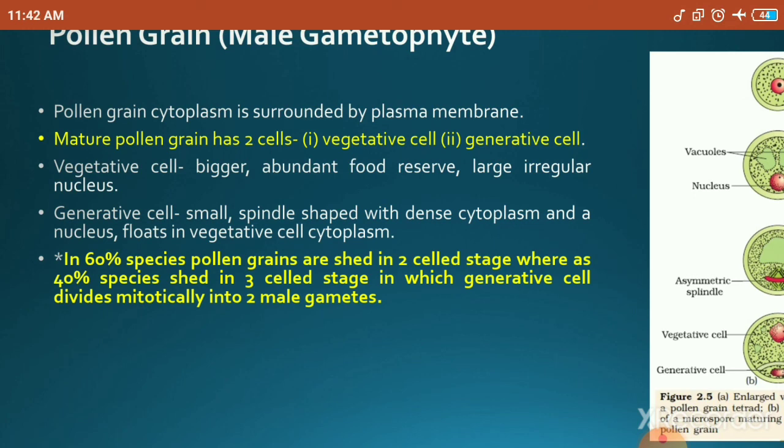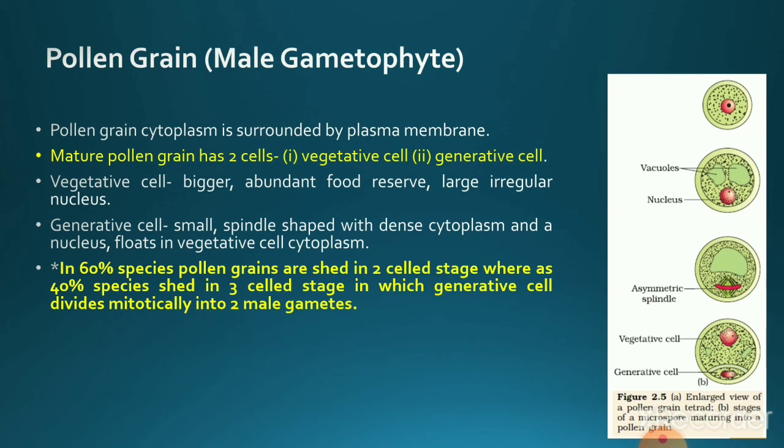In 60% of species, they leave the plant body in the two-celled stage, vegetative and generative cell. And in 40% of plants, they leave in the three-celled stage: one vegetative cell and the generative cell divided into two male gametes. So remember this, because this is asked in the question. This question has been asked in exams two, 3 times.